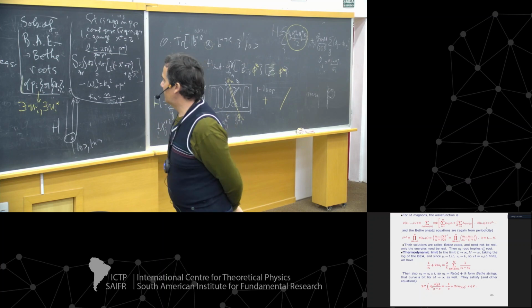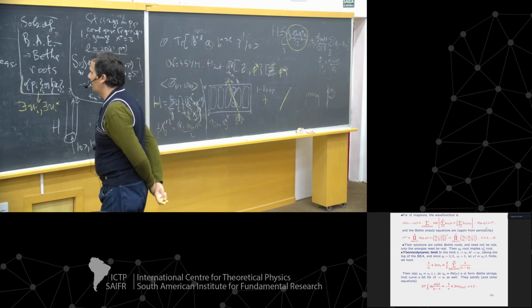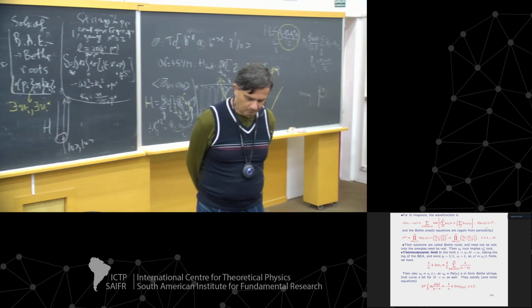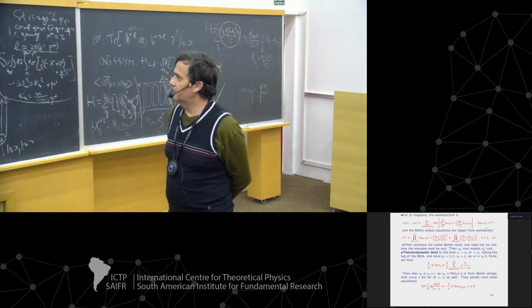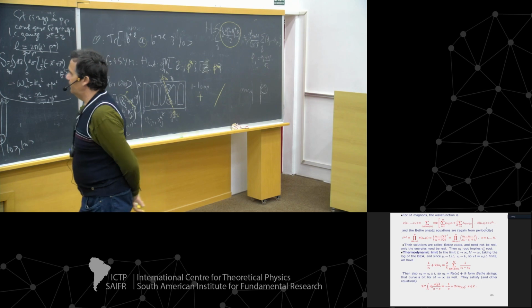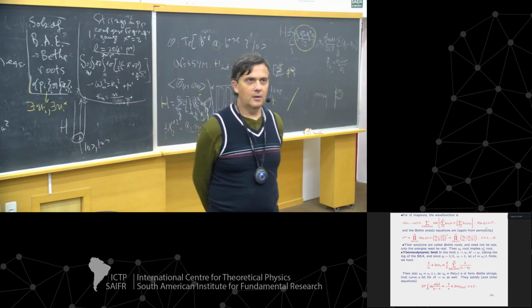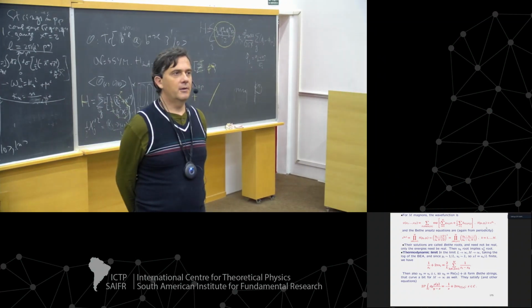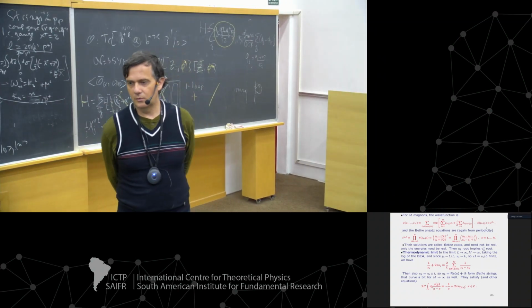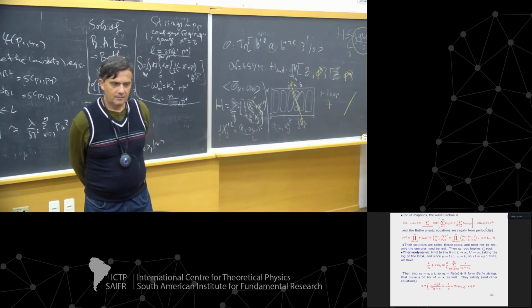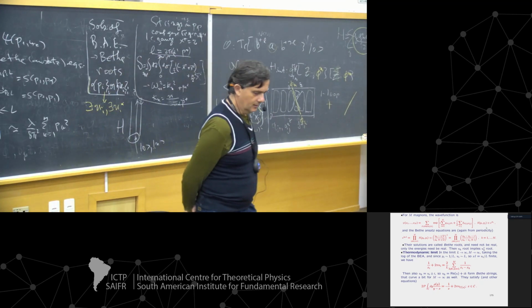So for the Bethe ansatz for the Heisenberg Hamiltonian, I've described it in some detail because there is a possibility to obtain something from the gravity side, but it's not so easy.